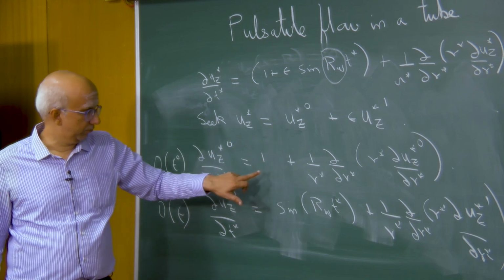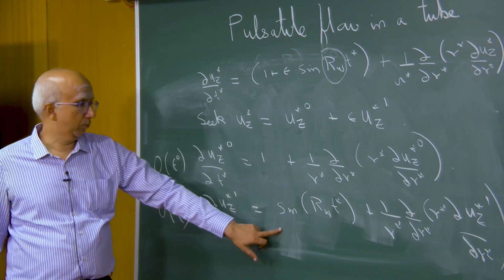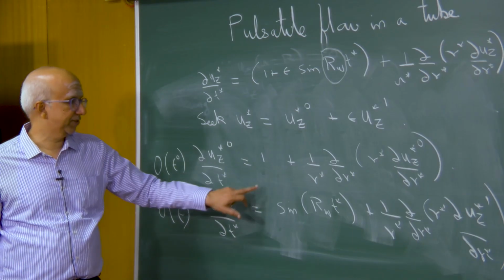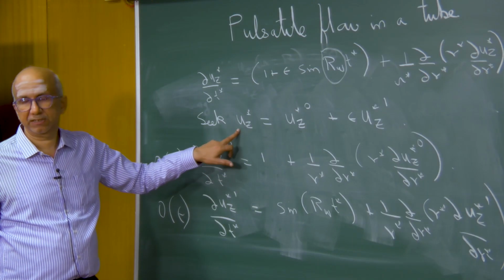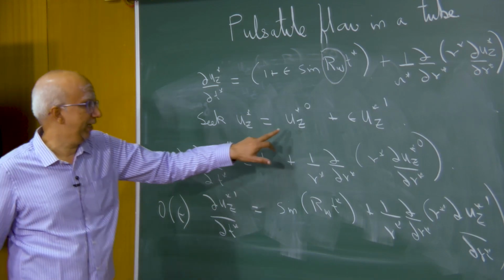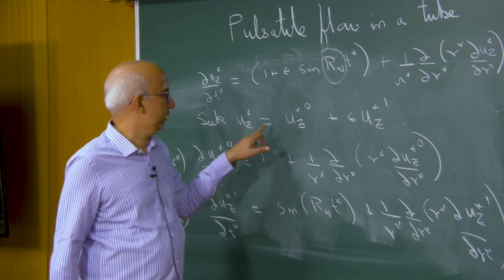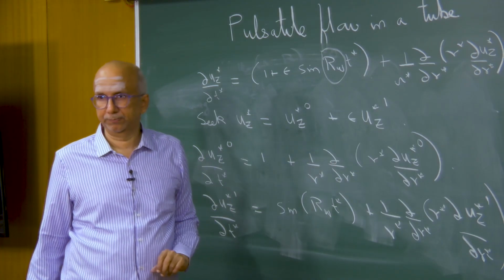I am considering one non-homogeneity here and another non-homogeneity here. Since u_z* satisfies the no slip condition, each of these must satisfy the no slip condition. u_z* is bounded, so each of these must be bounded at r equal to 0.